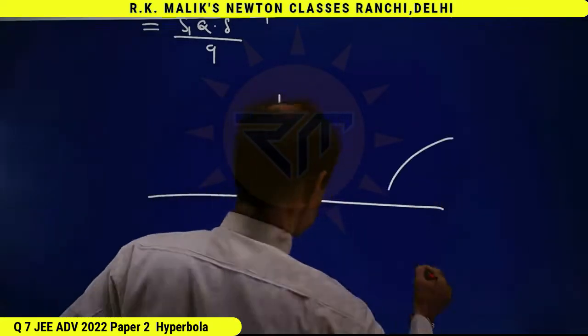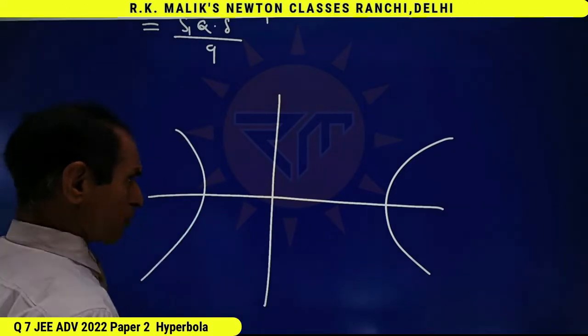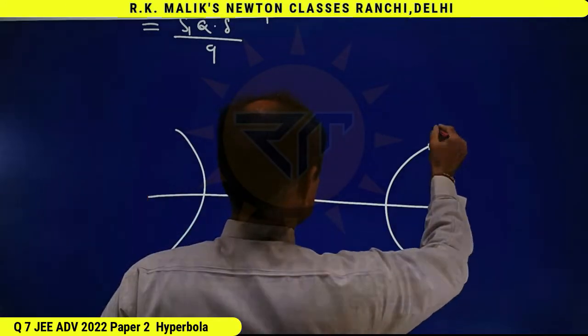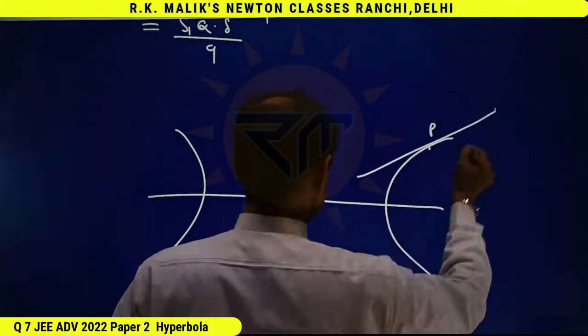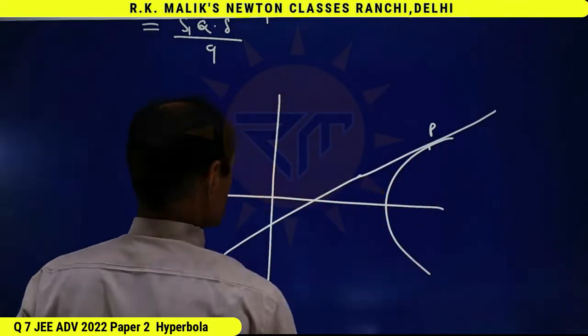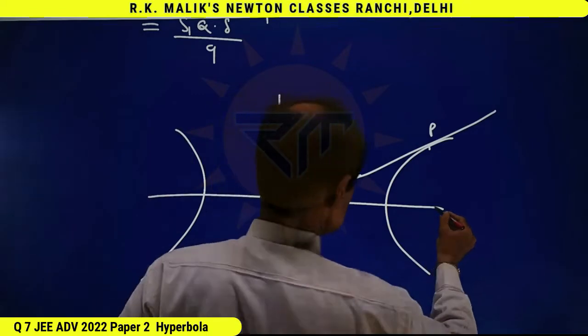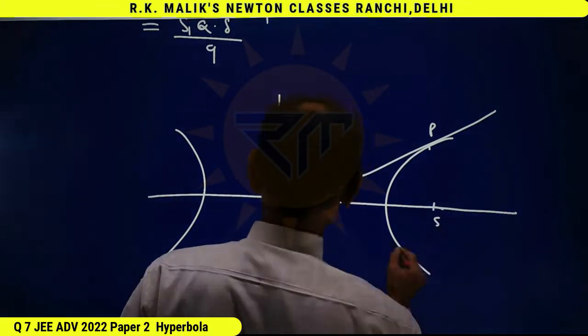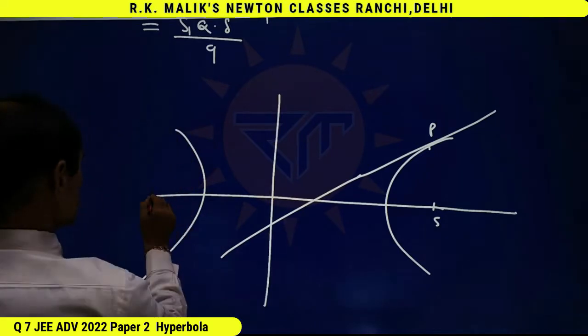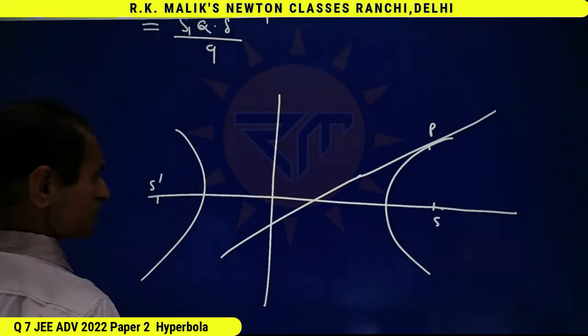if this is a hyperbola and P is any point on the hyperbola and I draw tangent at the point P to the hyperbola. Say this point is one focus, this point is other focus.